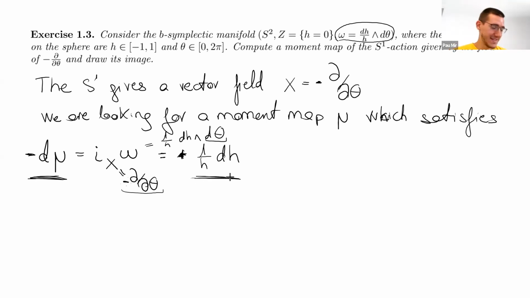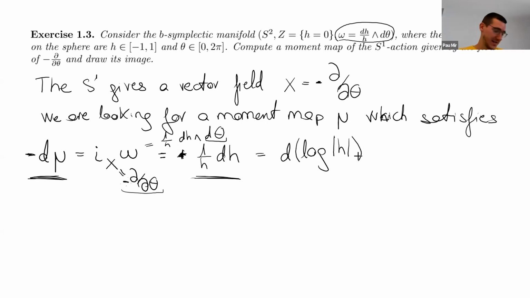So we want the right hand side of the equation to have the shape of the differential of a function, and we know that we can achieve it thanks to the logarithm function.